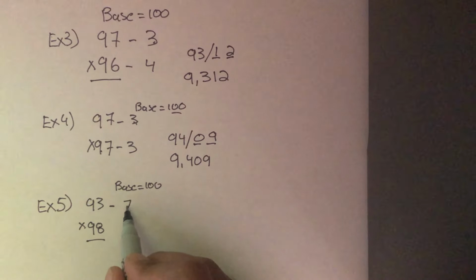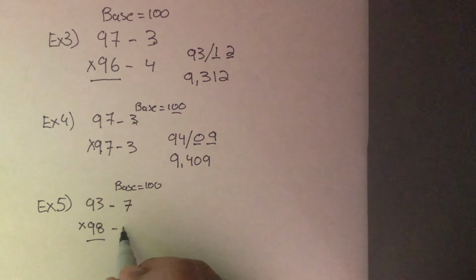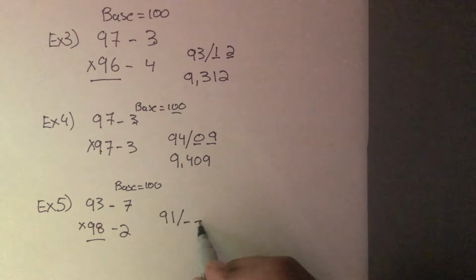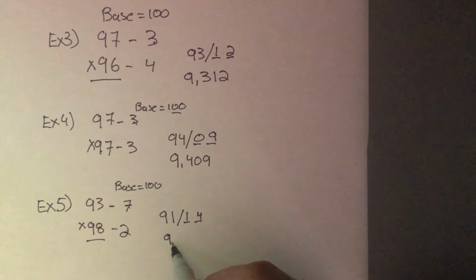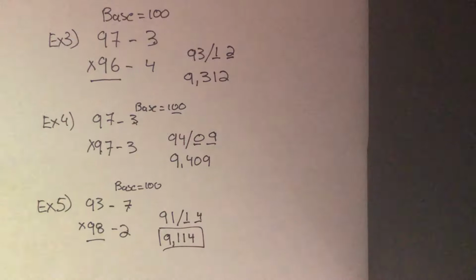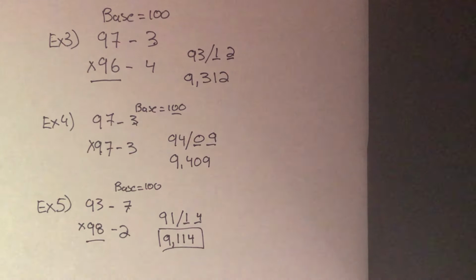It's 7 units less than 100, and 98 is 2 units less than 100. I'm going to cross subtract this way. 93 minus 2. First part of my answer is 91. Second part of my answer should have two spaces. 7 times 2 is 14. Final answer, 9,114. Okay, we're going to do more examples now. Let's keep on going. Good job.